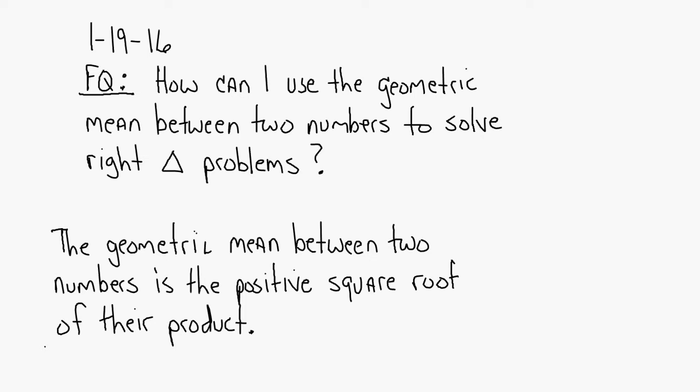And product means to multiply. Very good. Multiply. The geometric mean between two numbers is the positive square root of their product.